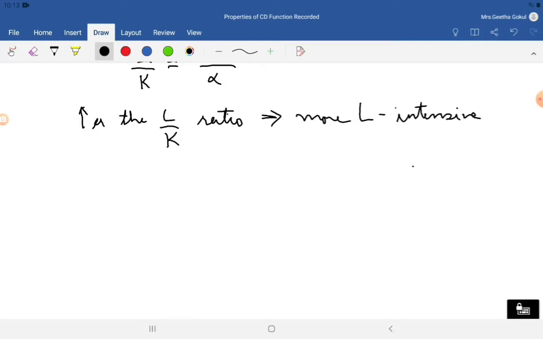The last property of the Cobb-Douglas function, which we are going to discuss, simply states that two firms which have the same K, same L, the same alpha and same beta might still end up producing different levels of output.